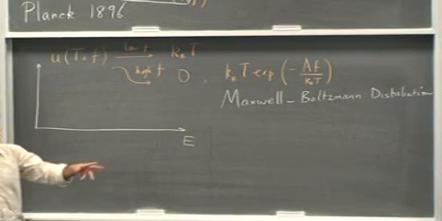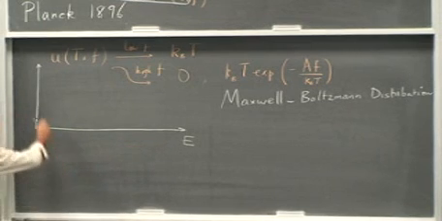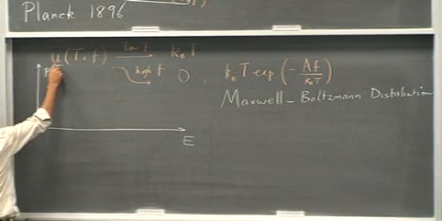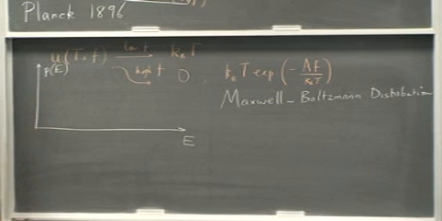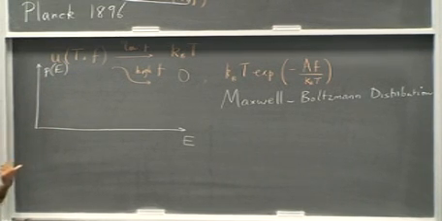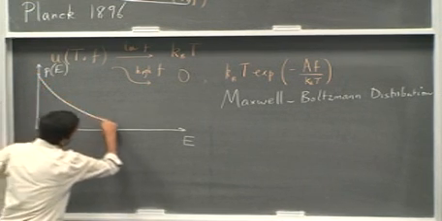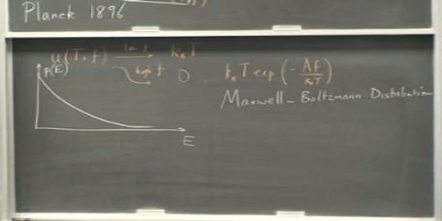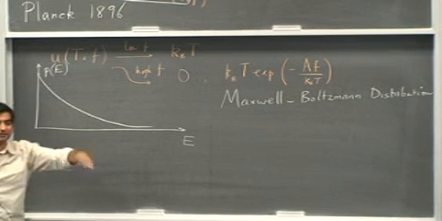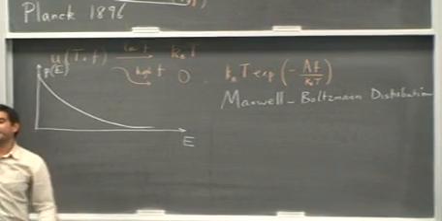So the Maxwell-Boltzmann distribution tells you that if you have energy on one axis and the probability that the system has energy E on the other axis, then this will be a decaying exponential. So the highest probability is at the lowest energy, and as the energy increases, the probability of a system possessing that energy decreases.